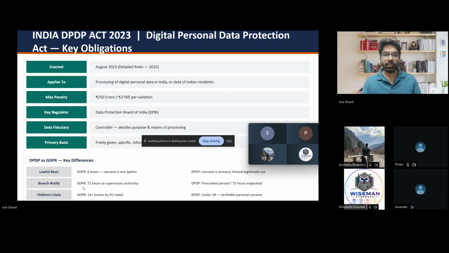Similar to consent, there are five more bases on which you can file a case under the GDPR Act. That can be discussed more elaborately under the GDPR discussion, but it is not related much to ISO. This is just brief knowledge about the GDPR and DPDP Acts.